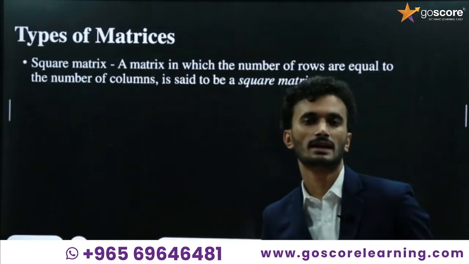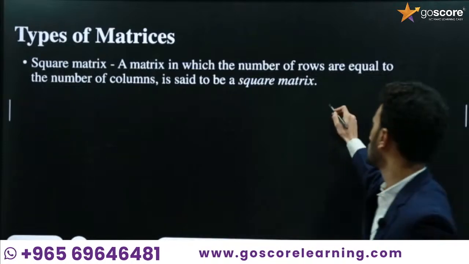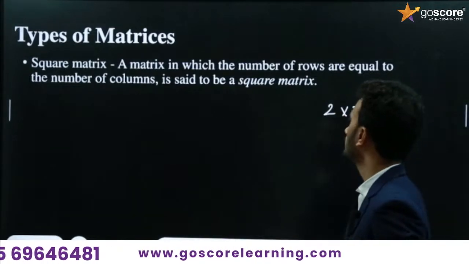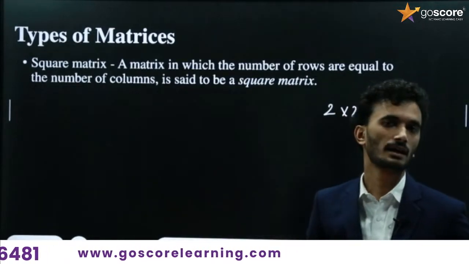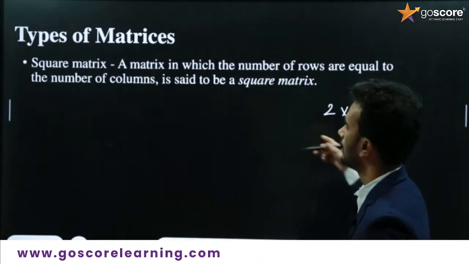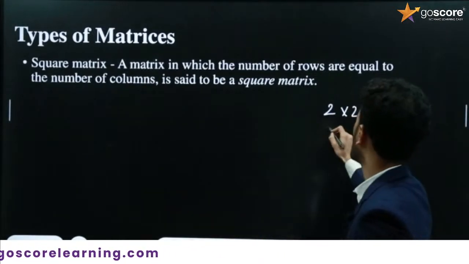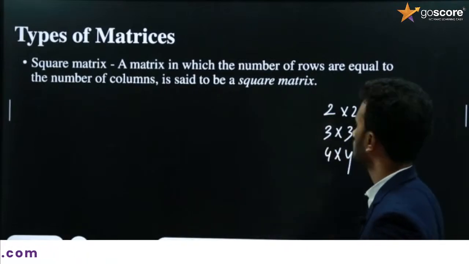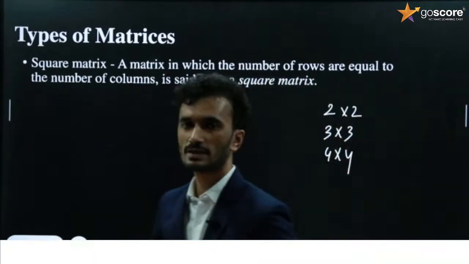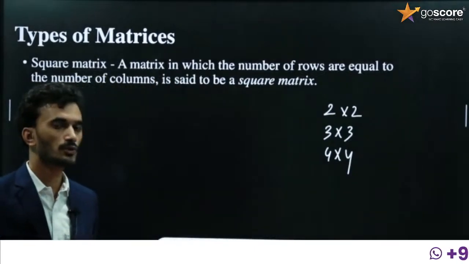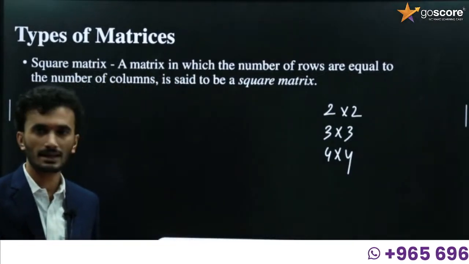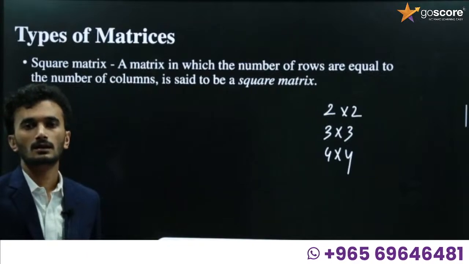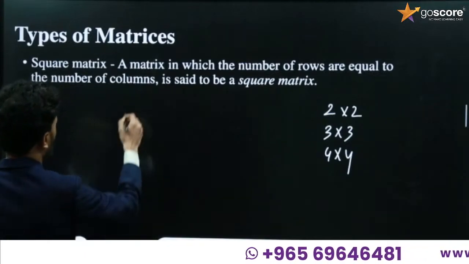So a 2 by 2 matrix is a square matrix. 3 by 3 is another one. 4 by 4. If the number of rows and columns are equal, it is a square matrix. I will write an example.